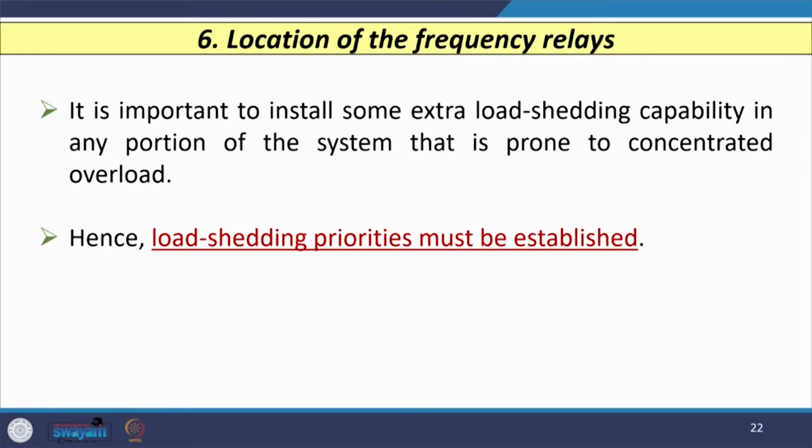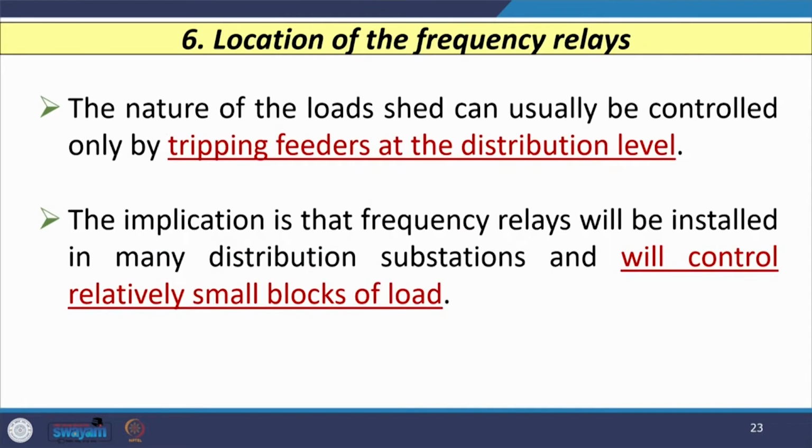So, it is important to install some additional load shedding capability in any portion of the system that is prone to concentrated overload. Hence, load shedding priorities need to be established when we design an intelligent load shedding scheme.